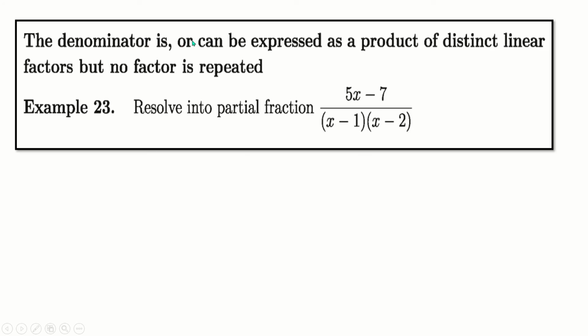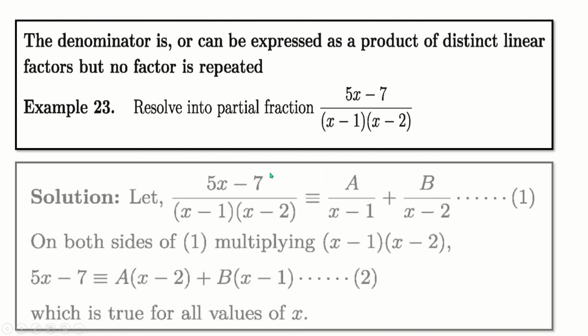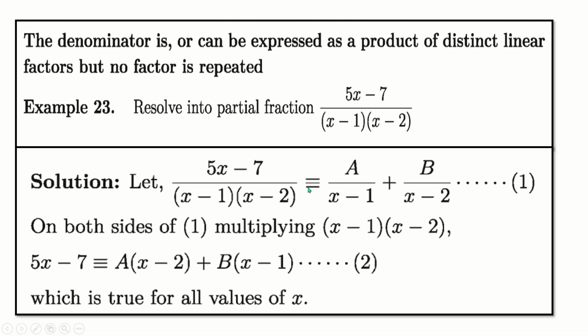The denominator is or can be expressed as a product of distinct linear factors, but no factor is repeated. Always you have to think here. Here are two factors, one is x - 1 and another one is x - 2. This is not repeated. So this is equal to, we can write, this is the identity symbol. Numerator doesn't matter.